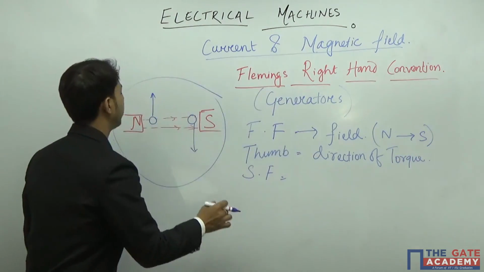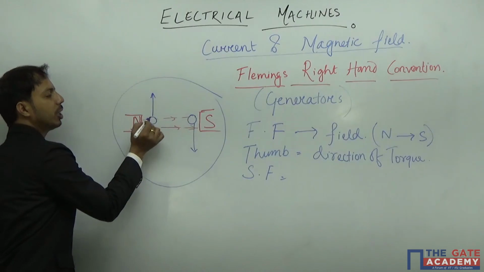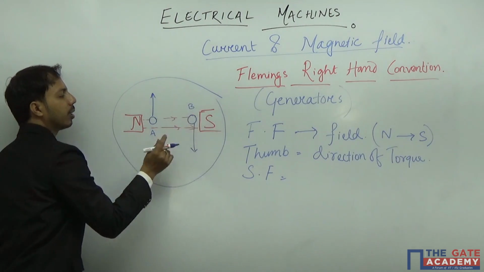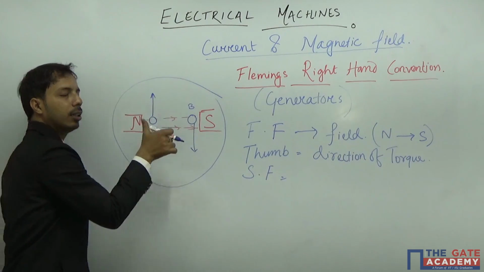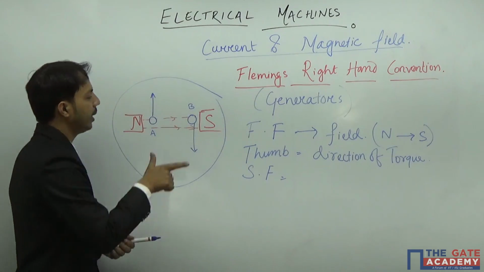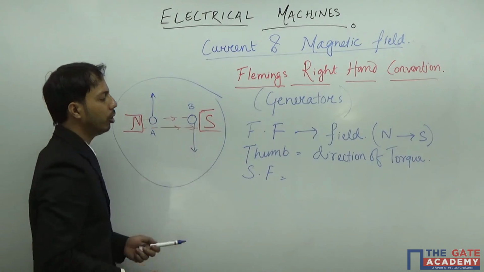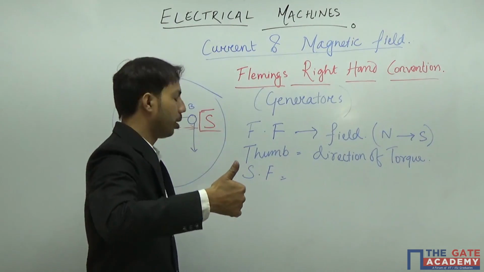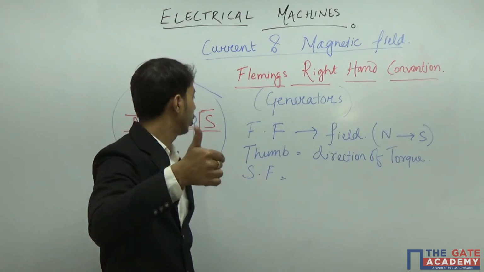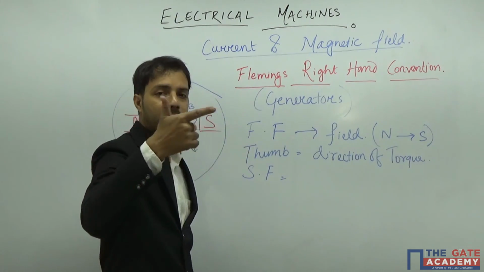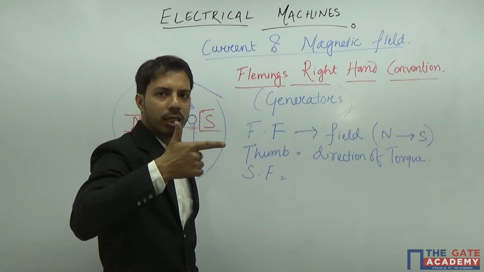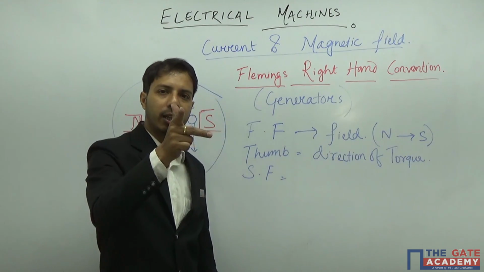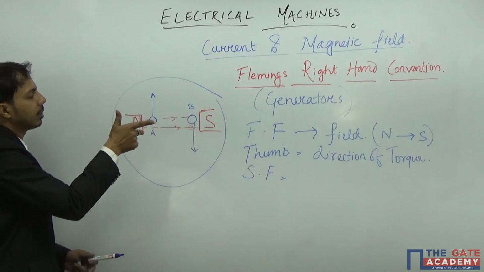Here you see the direction of force or torque for this particular conductor. Let us say this is A conductor and this is B conductor. For A conductor, the direction is upward. The field is this side. So if you place the thumb along the force and the forefinger along the field, you will get the direction automatically, which we can see is inwards.